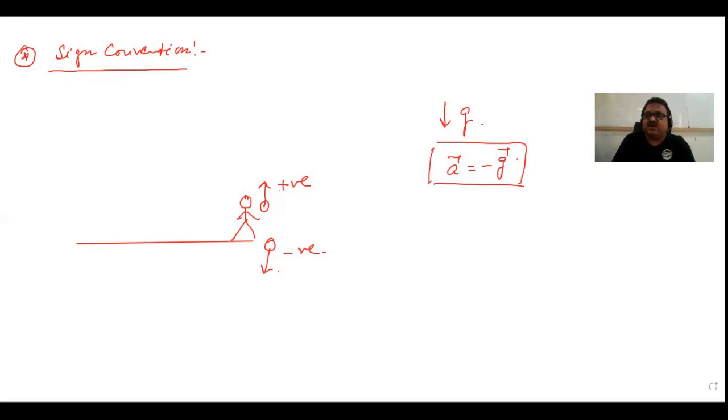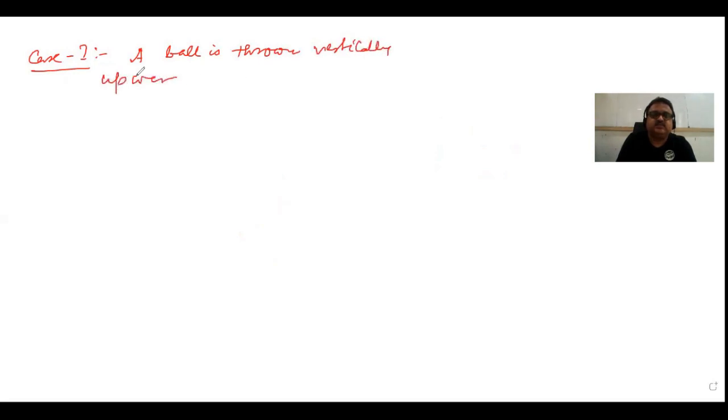So number one, take this. I am writing this as case one. A ball is thrown vertically upward. Now, what we know is if we throw anything upward, gravity tries to pull it in the downward direction.